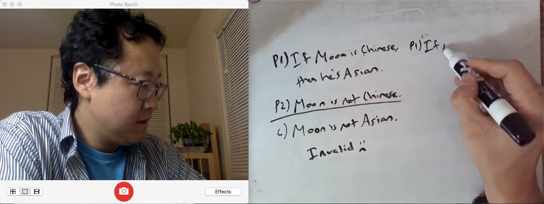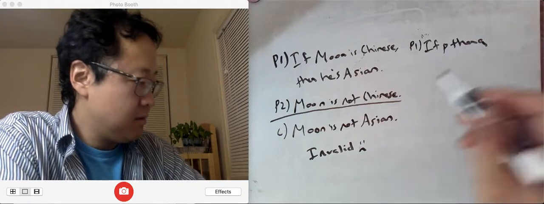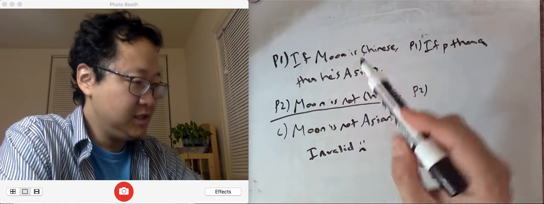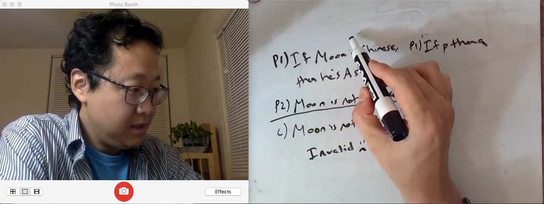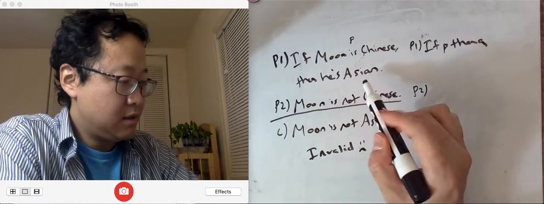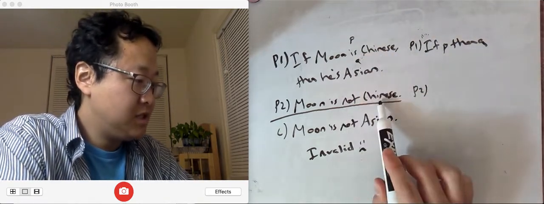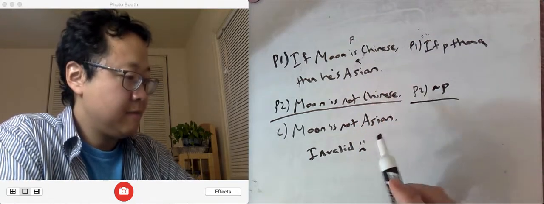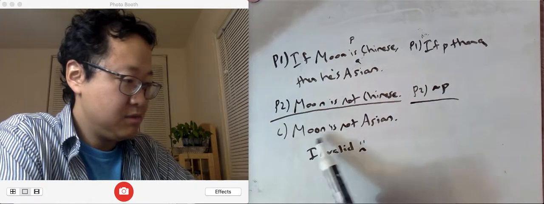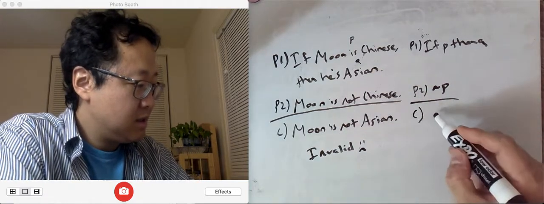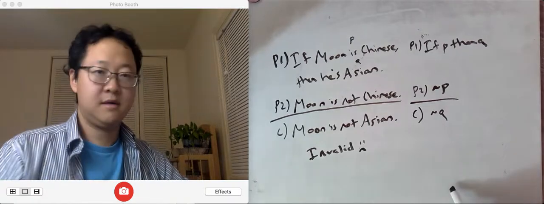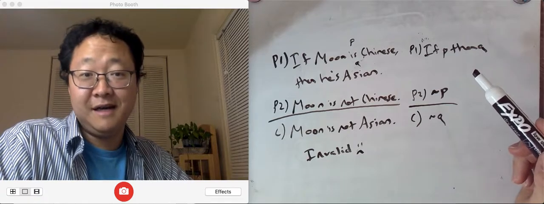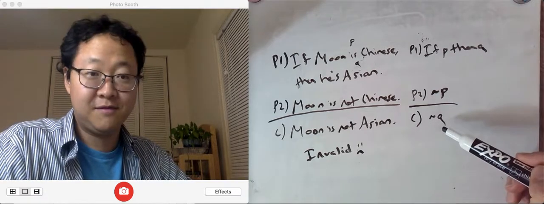So if P, then Q. Moon is Chinese and he's Asian, so we can call this P and this Q. Moon's not Chinese, that's not P. Moon's not Asian, so we should conclude not Q. So anything in this form is going to be invalid: if P then Q, not P, therefore not Q.